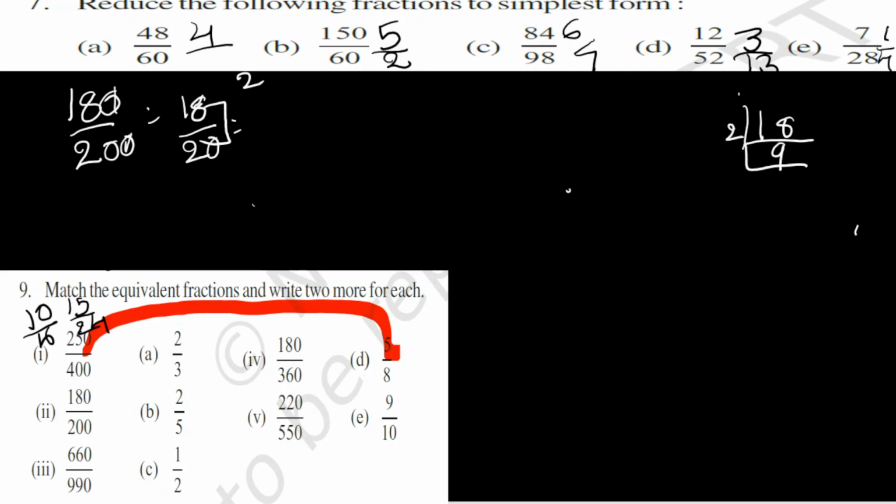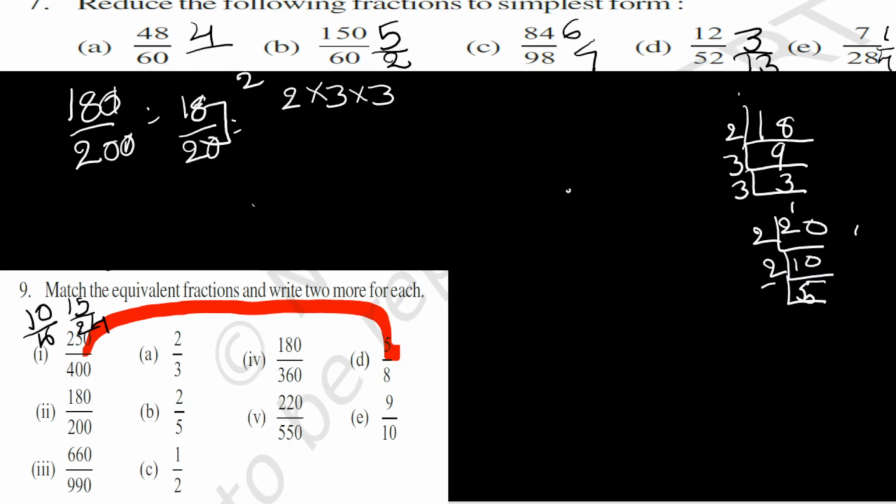This 18 can be expressed as 2 into 9, 3 into 3, and 3 into 1. We can write 18 as 2 into 3 into 3 and 20 as 2 into 10, 2 into 5, and 5 into 1. This can be expressed as 2 into 2 into 5. Here only 2 is the uniform number in both the values, so the HCF is 2.